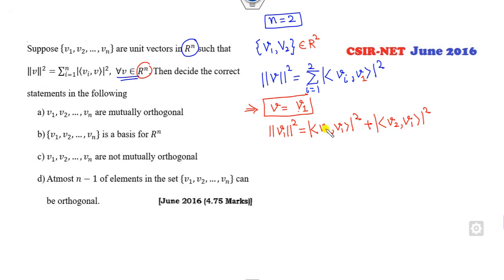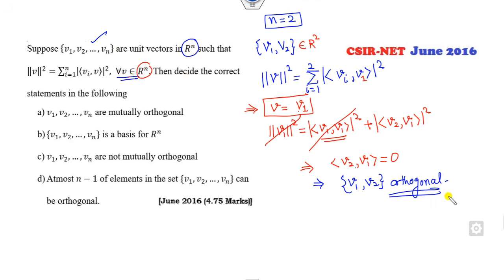This is given to you. Now this is the norm, so this value will be cancelled out. What is the meaning of that? The inner product of V2 and V1 is 0. It means the set V1, V2 is orthogonal.